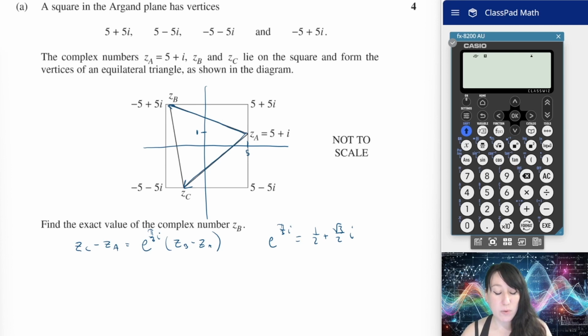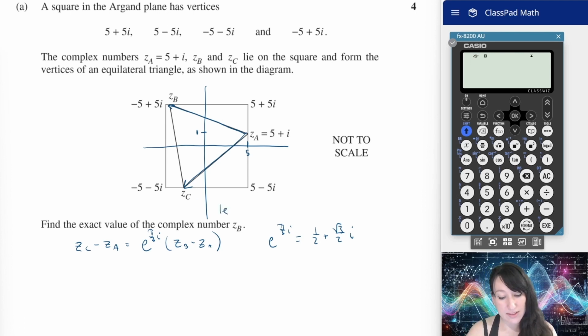Now, let's see if we can express zb in terms of components. We know its imaginary component is 5. What about its real component? So for now, we can call it the real component of zb. And we can do something similar for zc.